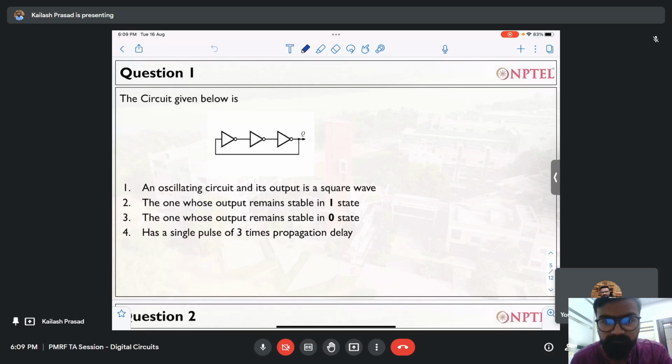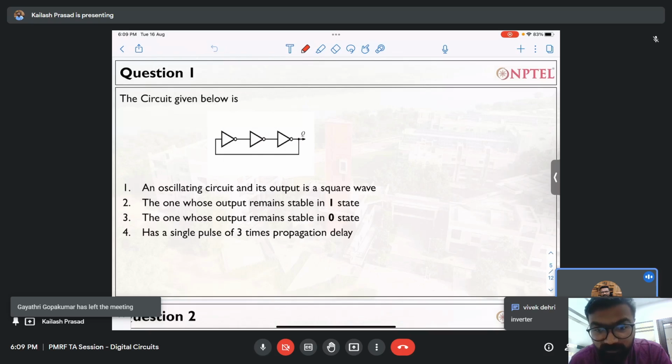Someone is saying that it is called a not gate IC. Okay, so it is not that, it is an inverter.